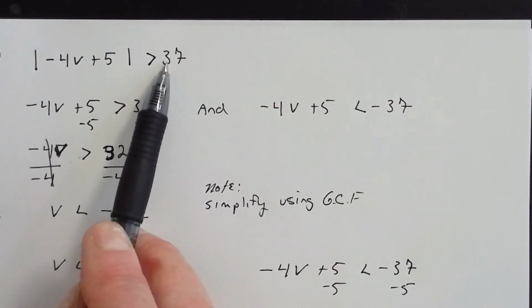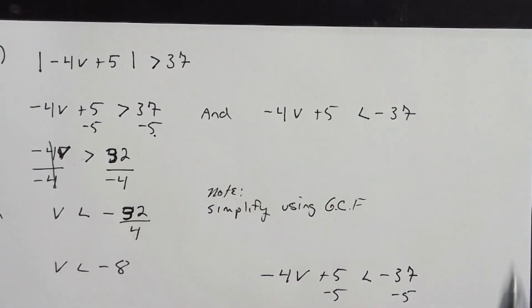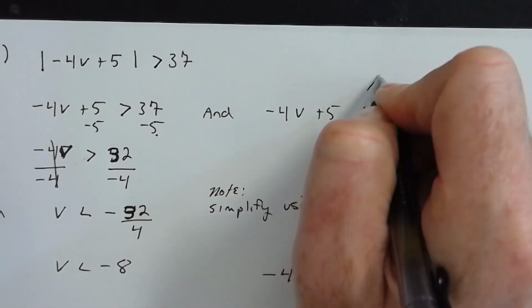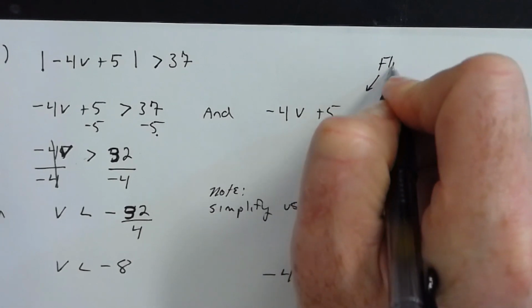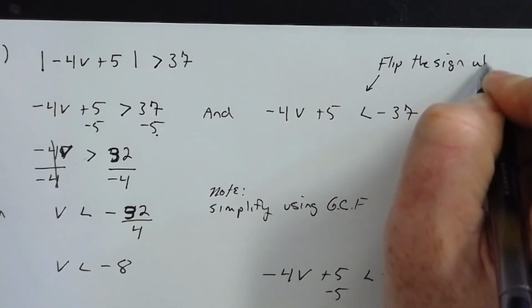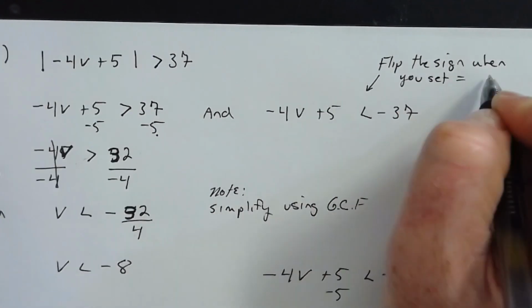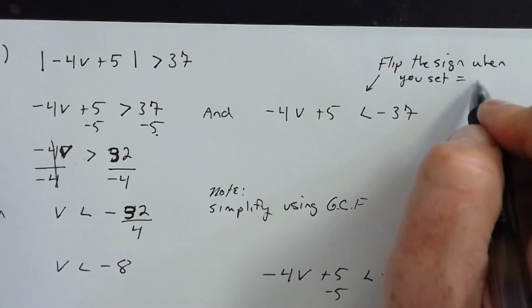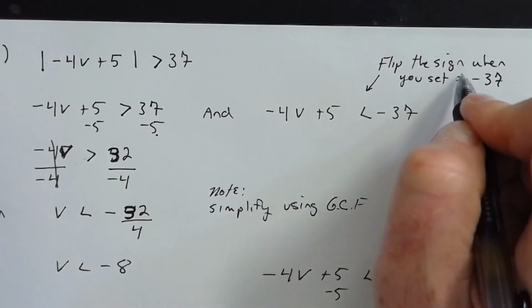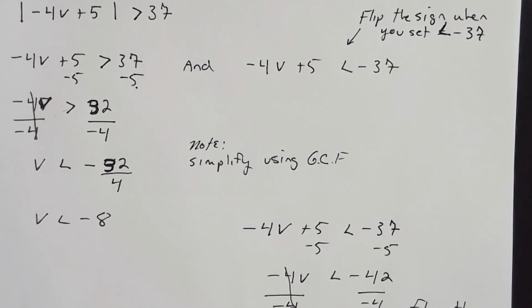But this time, when we set it equal to negative 37, we have to flip the sign. Okay, so make sure you flip this sign. So flip the sign when you set it less than negative 37.